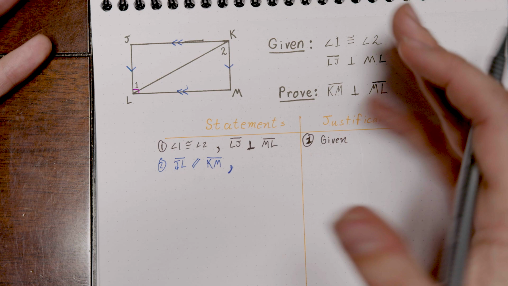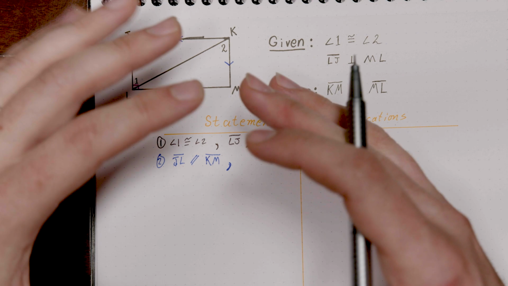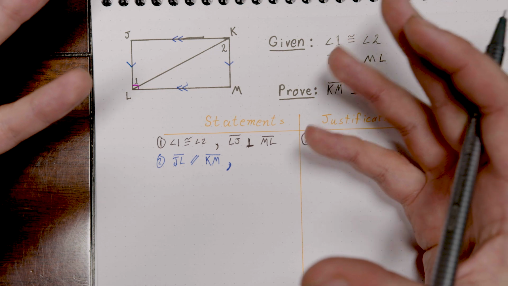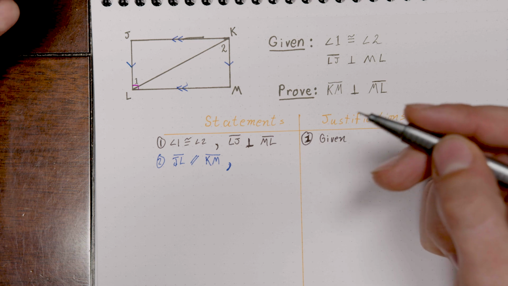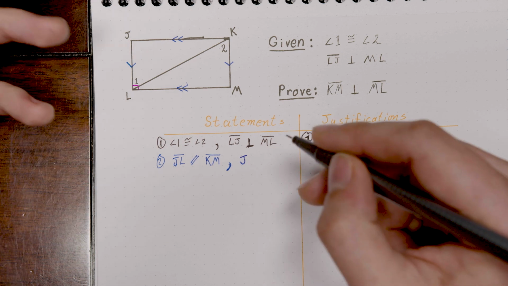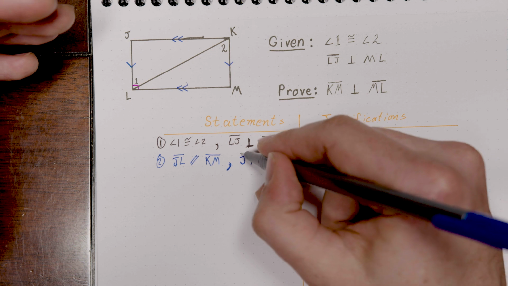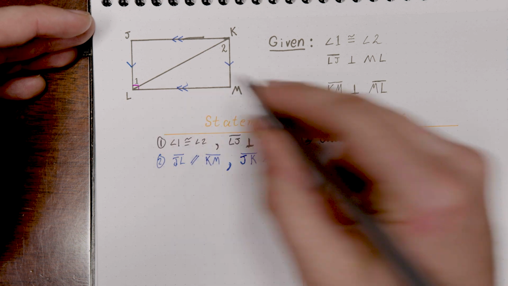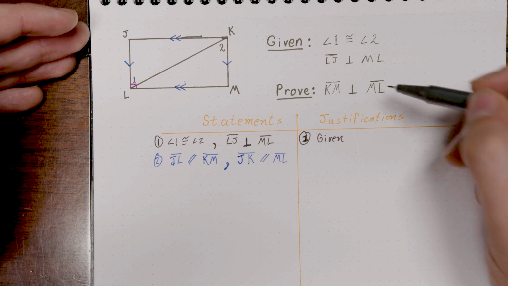We probably don't need both, but if we were submitting this as a formal proof, we would clean it up and cut out extraneous information. I'm going to write ML instead of LM, because that's the way it's written in what we're trying to prove.